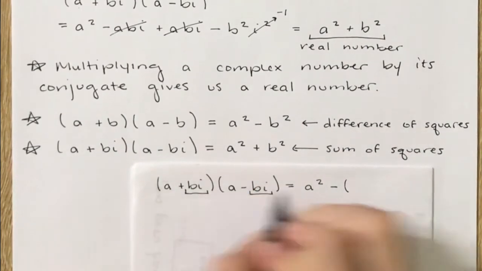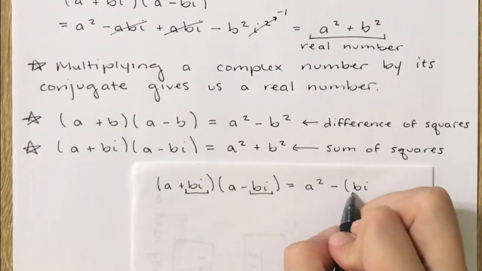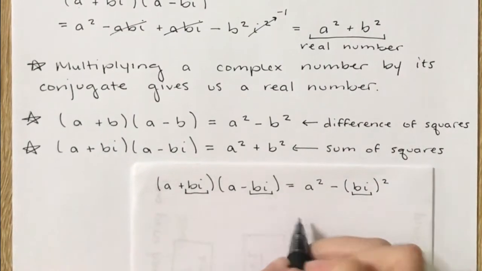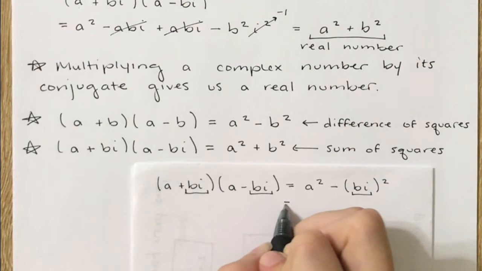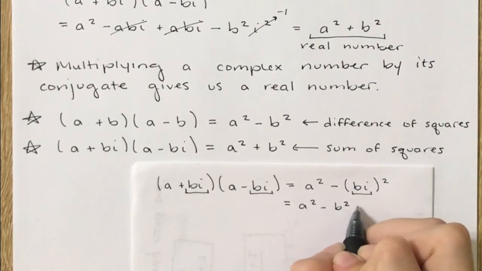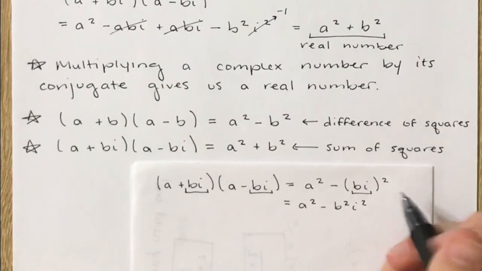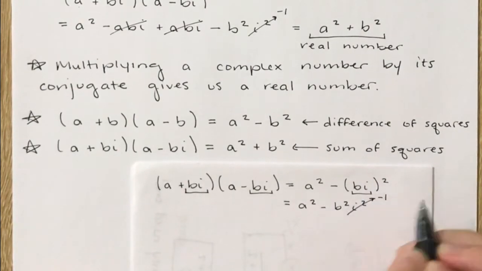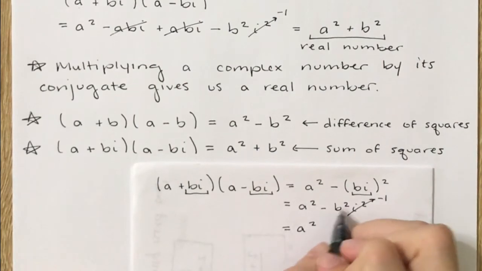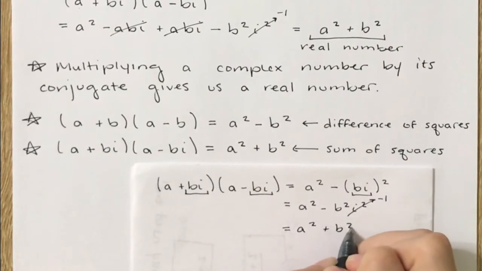My second thing here was our unit, bi. So bi squared. If I simplify this, I end up with a squared minus b squared i squared. i squared is negative 1, so I have a squared minus negative b squared, or plus b squared.